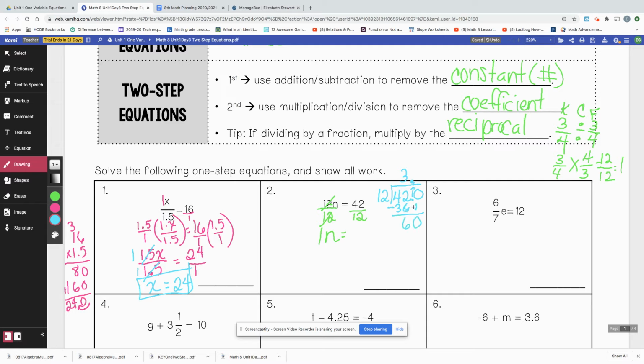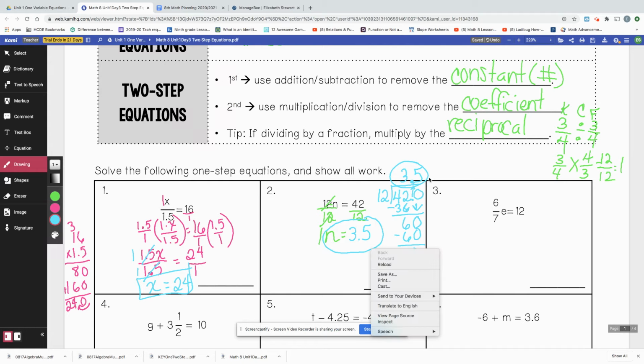Bring down that 0. 12 goes into 60 5 times. 5 times 12 is 60. I have none left over. So my answer, 1n, or n is equal to 3.5. So that means if I took 12 times 3.5, I would get 42.